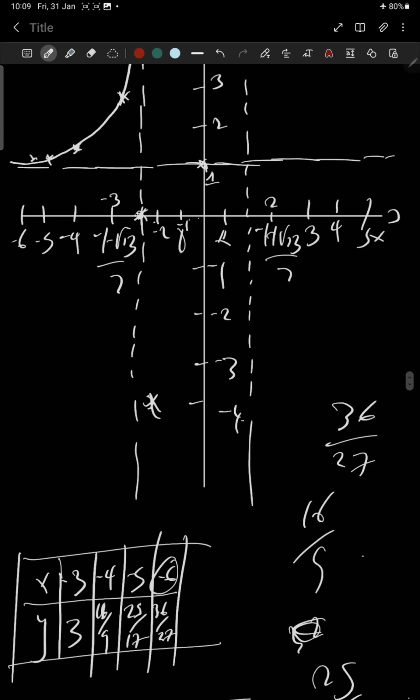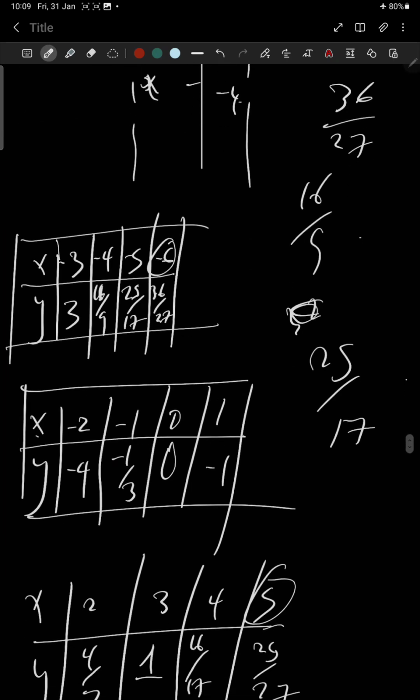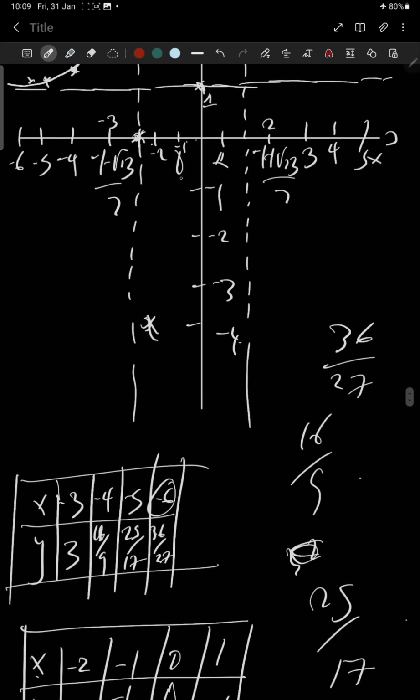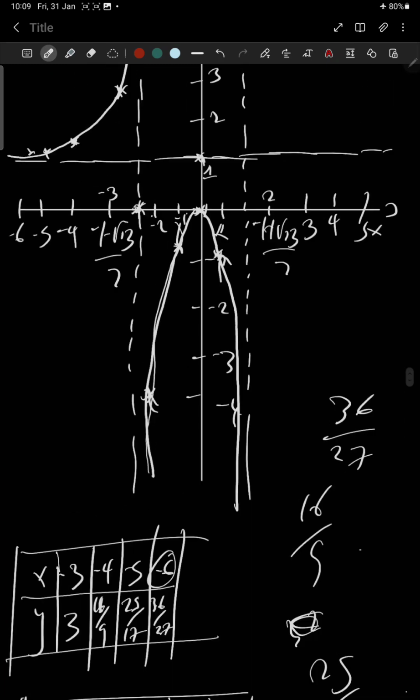Then negative 1 comma 1 over 3, guys, is 0 point something, right? So it will be somewhere here. Then 0 comma 0 is here. Then 1 comma negative 1, it's somewhere here. Notice how it's going. It will follow this, and it will follow that. That's how this graph is.